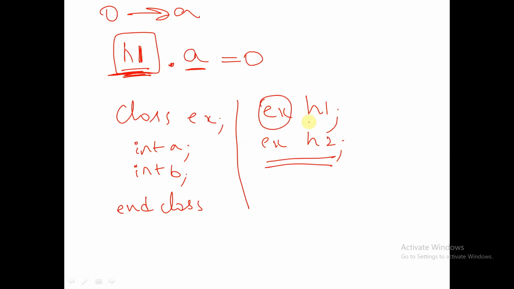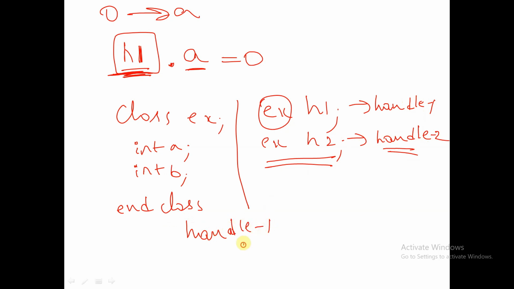So this is the creation of handles: this is handle 1 and this is handle 2. Initially they will point to a null object, so handle 1 will point to null and handle 2 will be pointing to null.